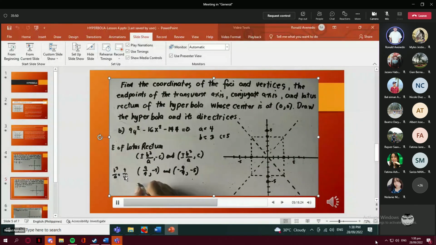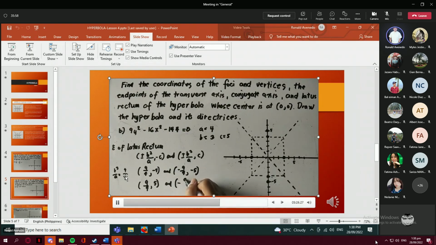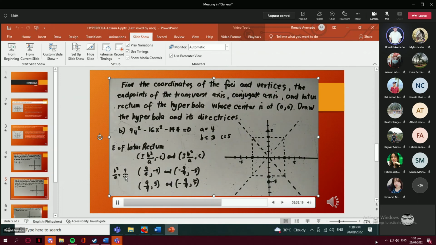The other pair is 9 over 4, positive 5, and negative 9 over 4, positive 5. 9 over 4 is 2 and 1/4.